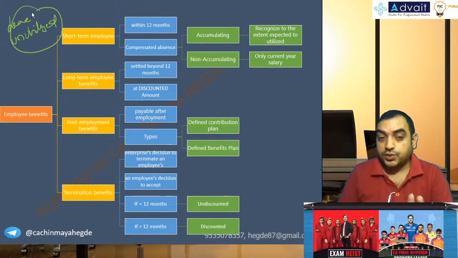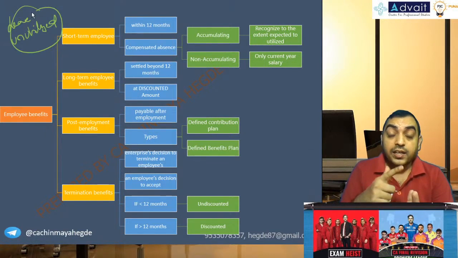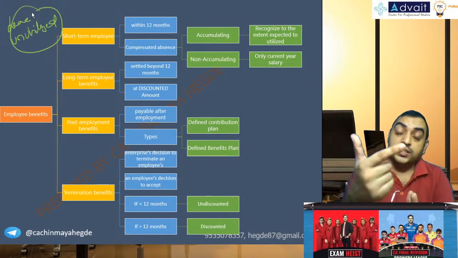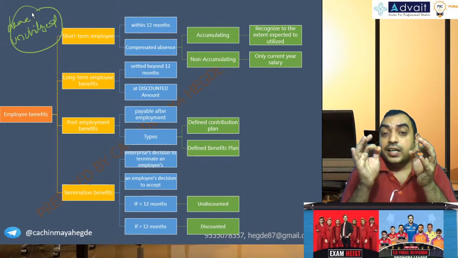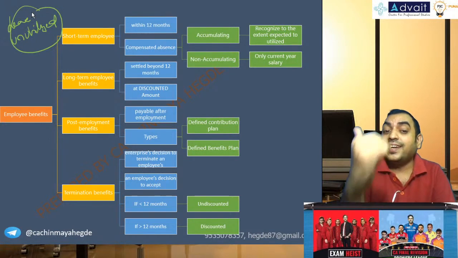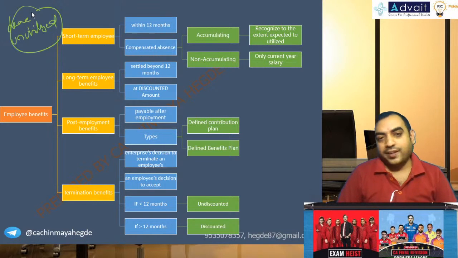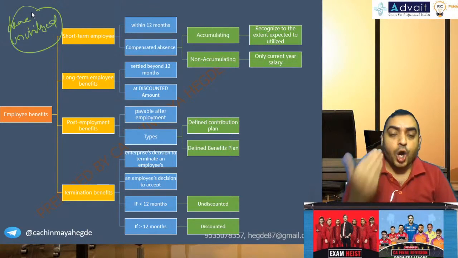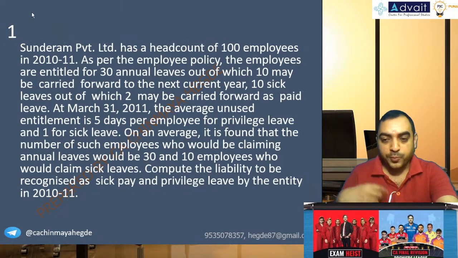Two conditions: leave unutilized this year and entitled to be used in the next year. To that extent, this year's expense should be recognized. If it is not able to be carried forward, expense should not be recognized. In that context, let us do one simple problem.